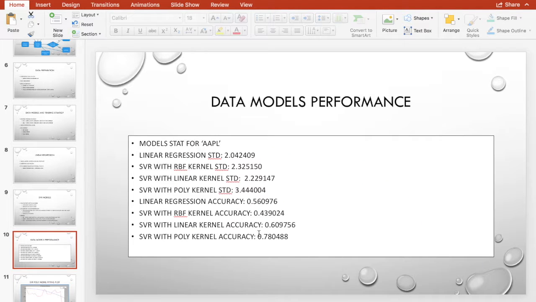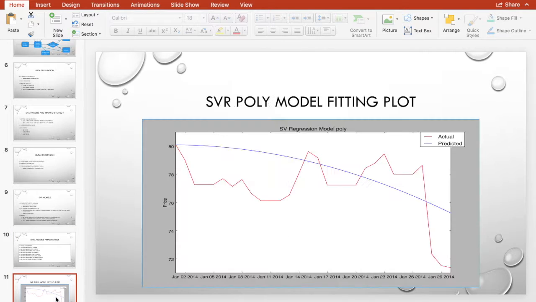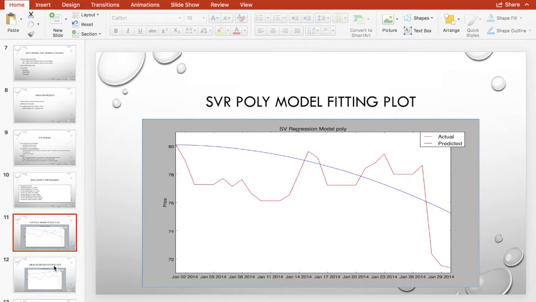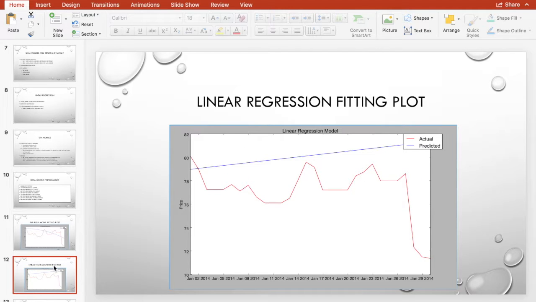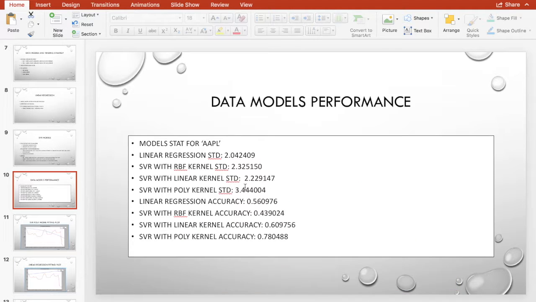So the accuracy is 78%. Here is the plot for the linear regression model, and as you can see, it doesn't fit that well, and the accuracy is only 56%.